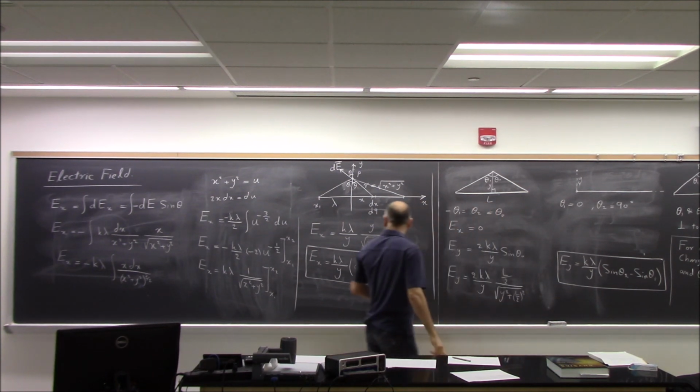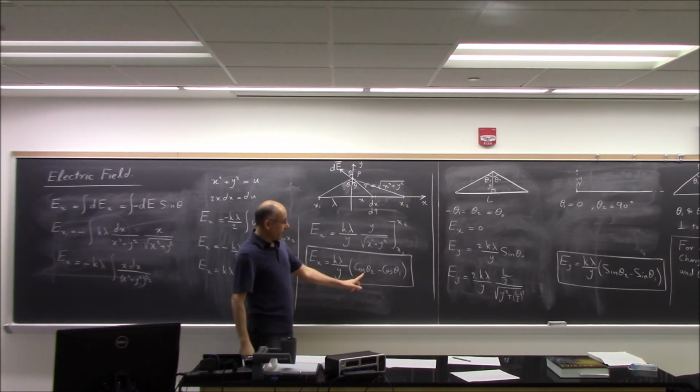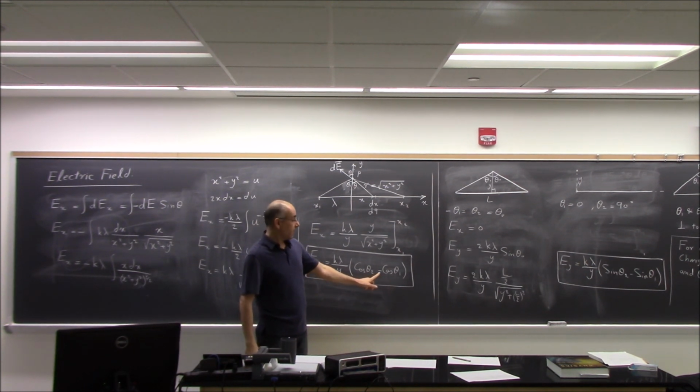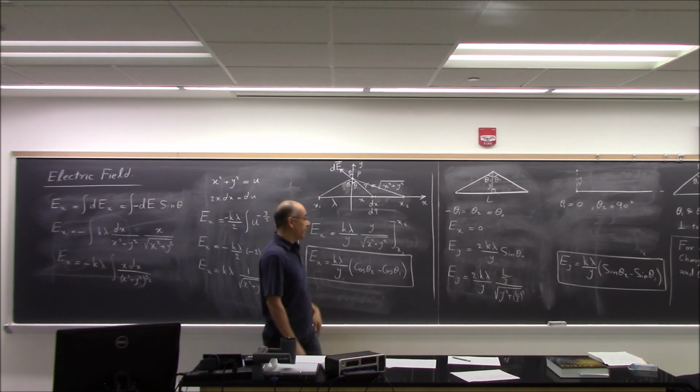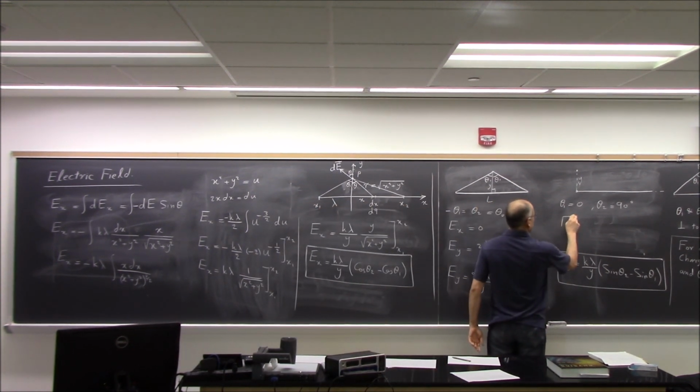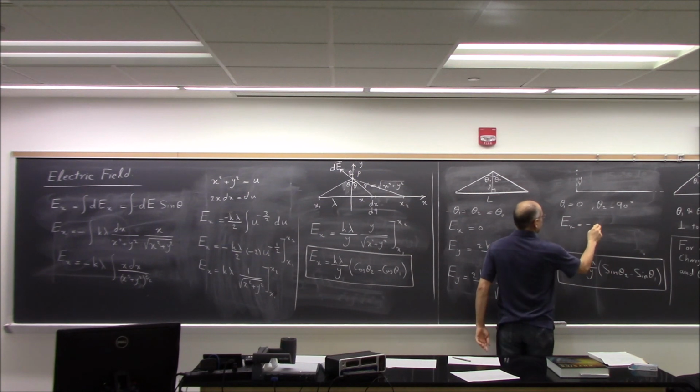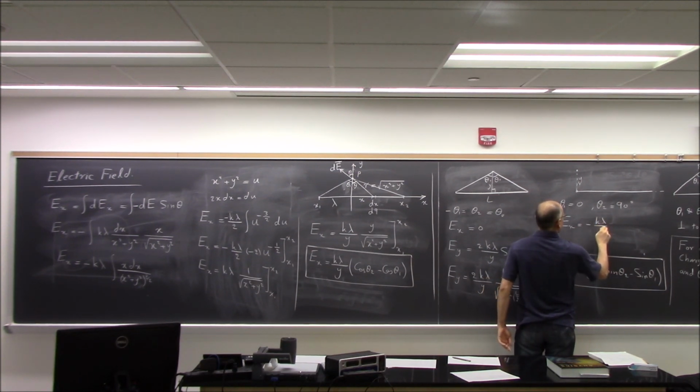Then Ex will be k lambda over y times cosine of theta 2, which is 0, minus cosine of theta 1, which is 1, so Ex will be negative k lambda over y.